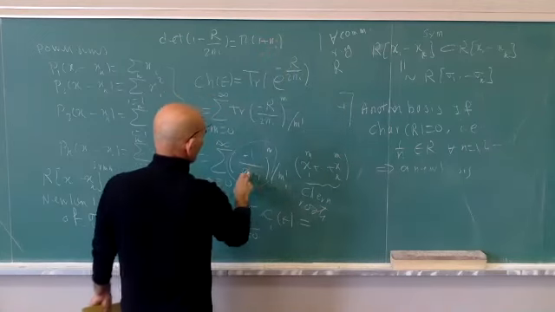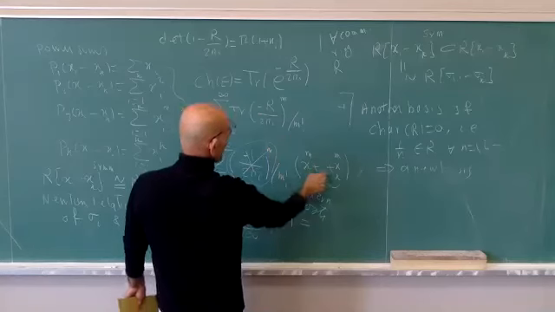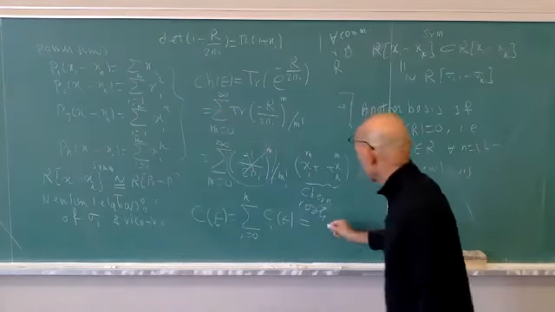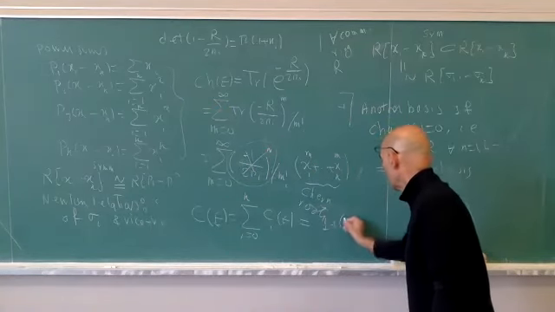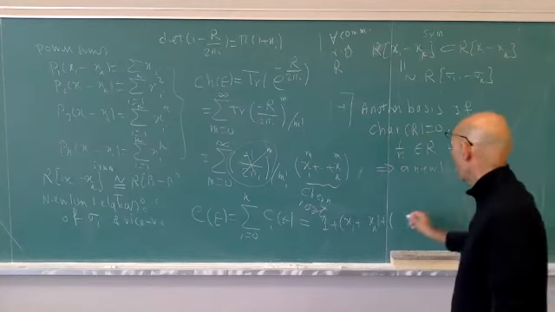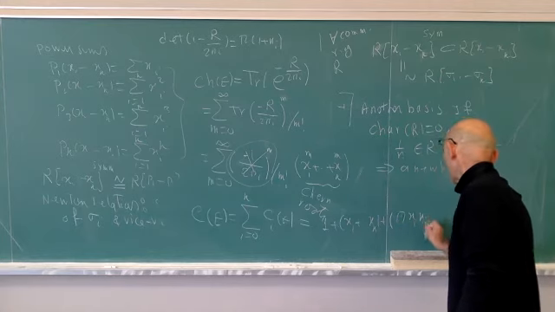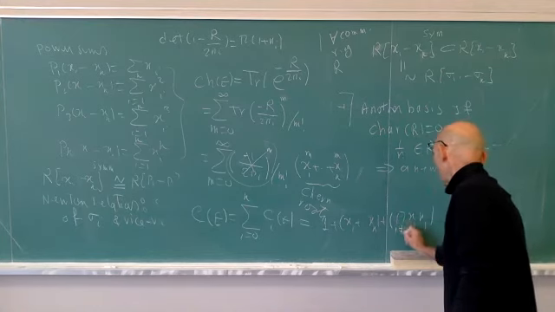Yes, I don't need this factor. 1 over m factorial, this is good. So this is equal to 1 plus x1 plus ... plus xk plus the sum of products xi xj, i different from j.